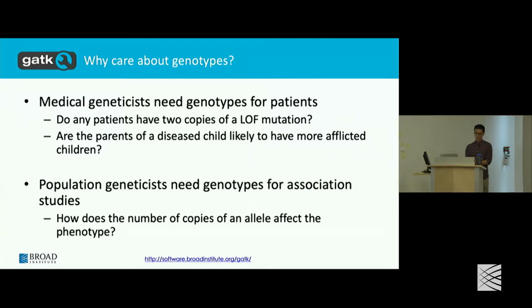Perhaps the number of variant alleles shows up in the degree to which a patient is affected by the disease, or it can also affect whether the child of the patient can inherit those alleles. So it's important to get the genotypes right. And counting the alleles is also important for doing population genetics.